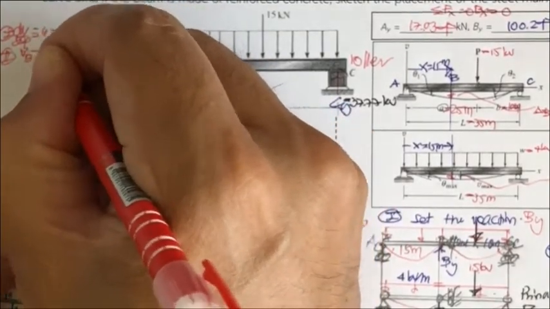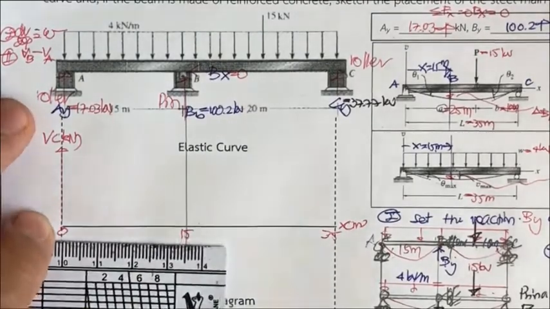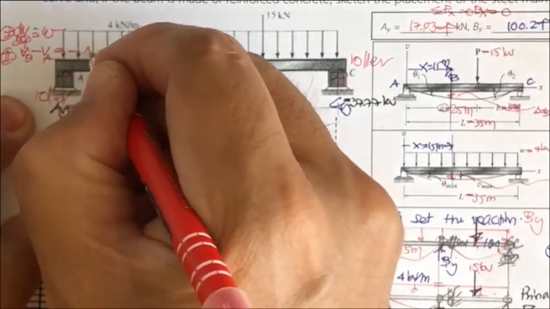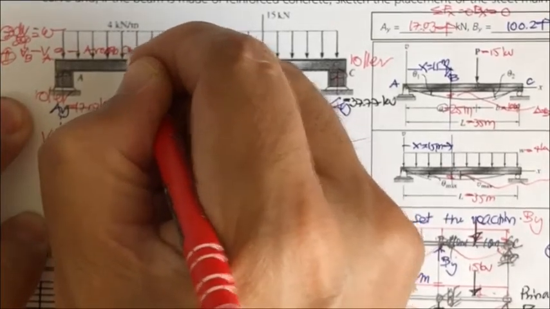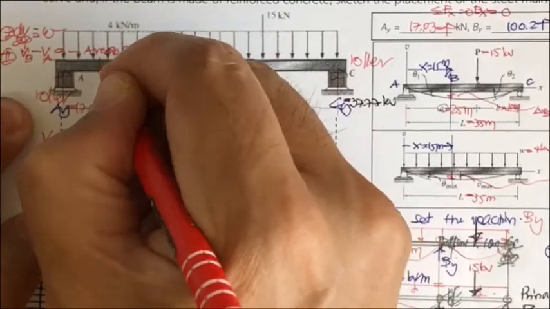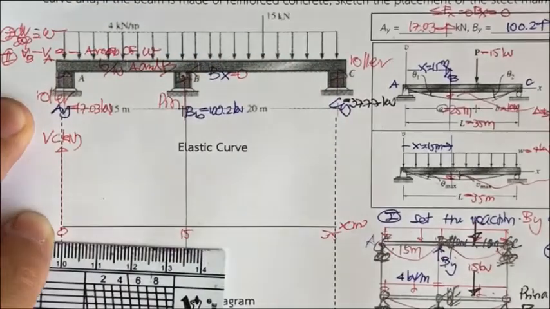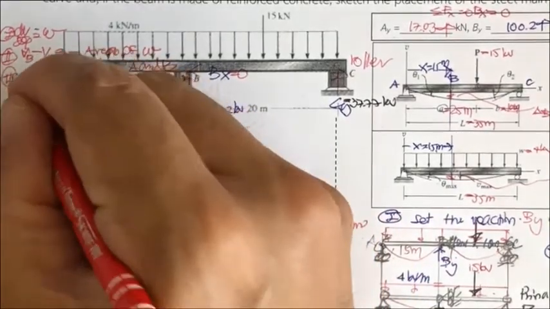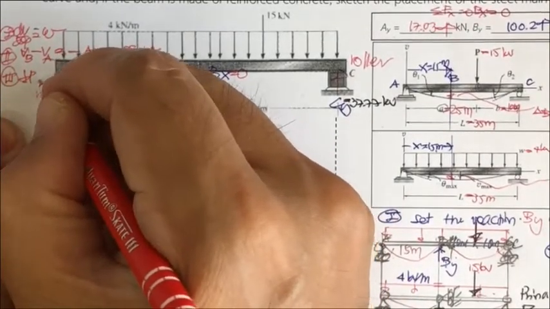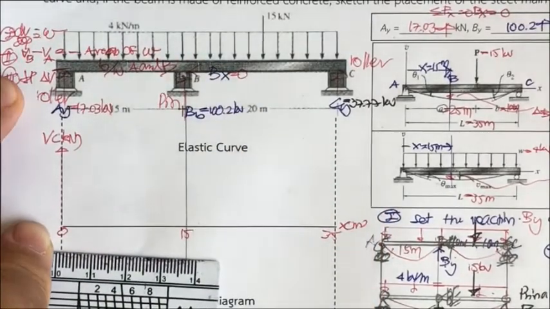V sub B minus V sub A, V to the right minus V to the left, equal to minus of the area of w between A and B. Okay, and the third one, the downward P, going to have the delta V minus, and the other opposite.